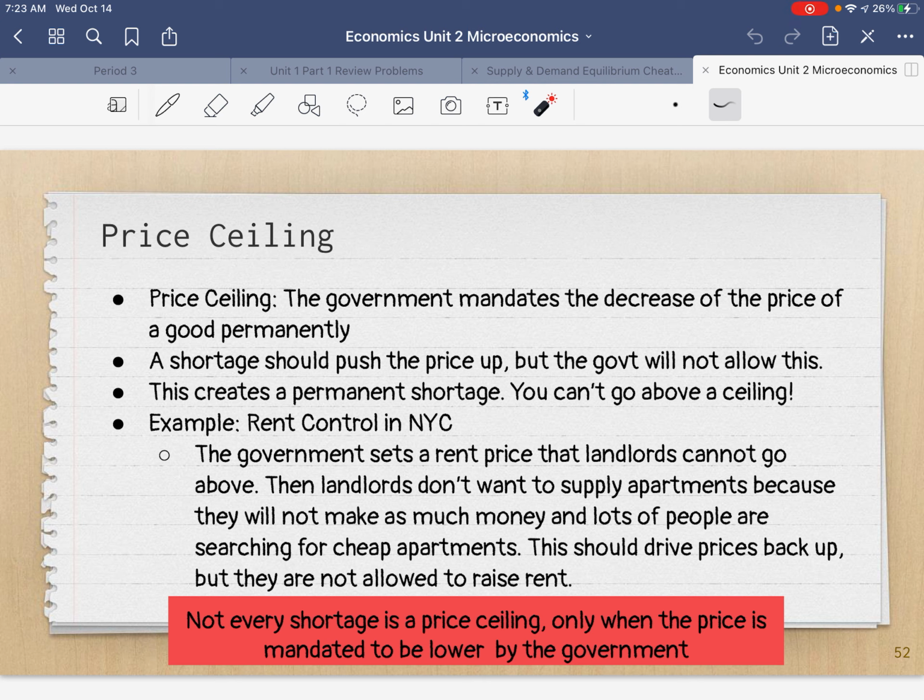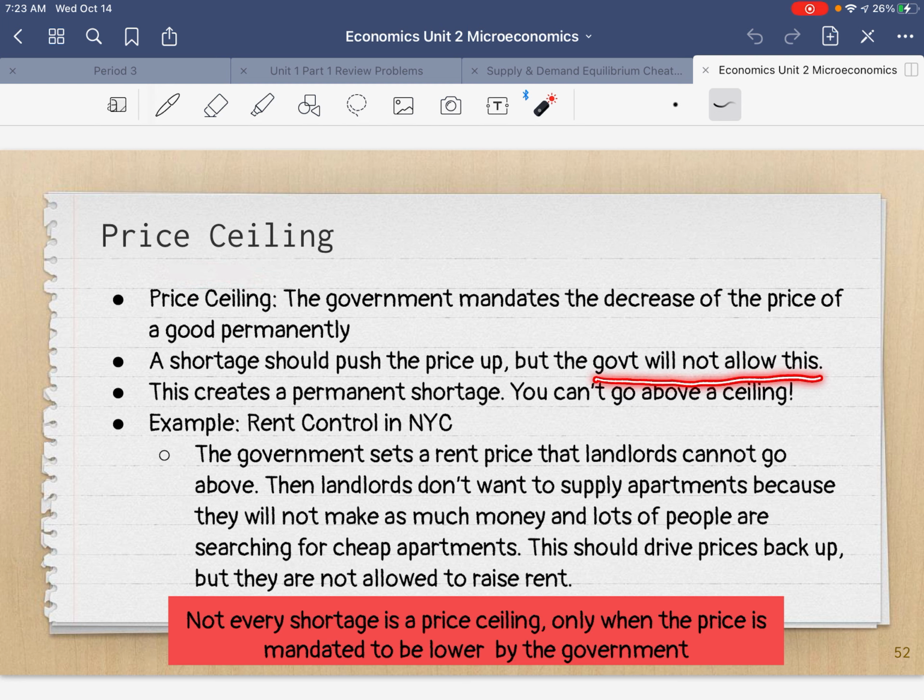So remember, the shortage should push the price up. The shortage of the good, everyone wants it, it's really popular. The producer should be able to be like, oh, if everyone wants it, I'm going to raise the price. Kind of like the house. Because I set the price low, everyone wanted it, it pushed the price up, up, up, up. But the price ceiling is where the government mandates it.